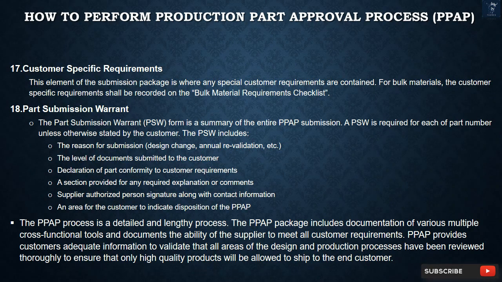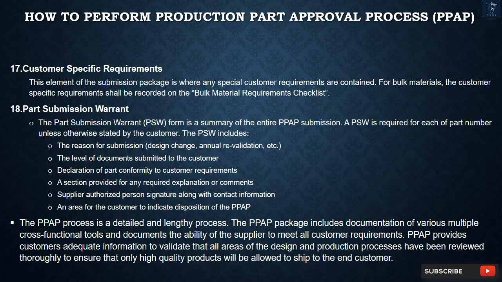18. Part submission warrant. The part submission warrant, PSW, form is a summary of the entire PPAP submission. A PSW is required for each part number unless otherwise stated by the customer. The PSW includes the reason for submission, design change, annual revalidation, etc. The level of documents submitted to the customer.